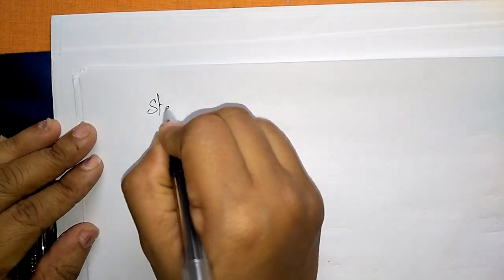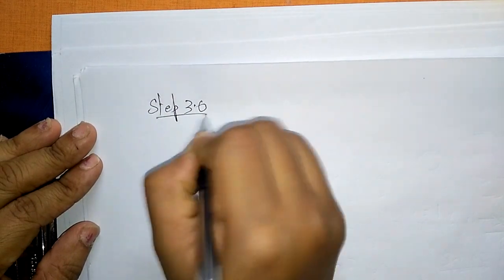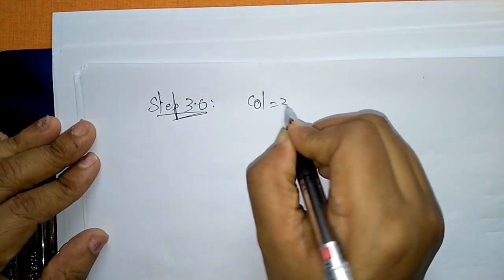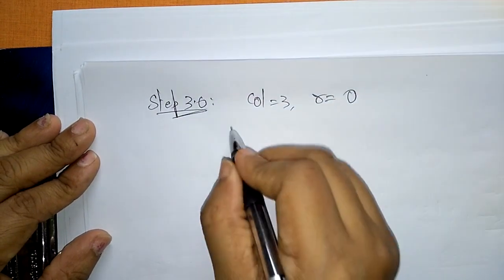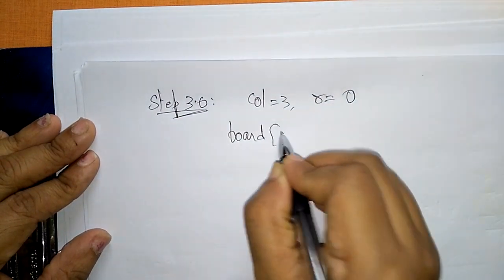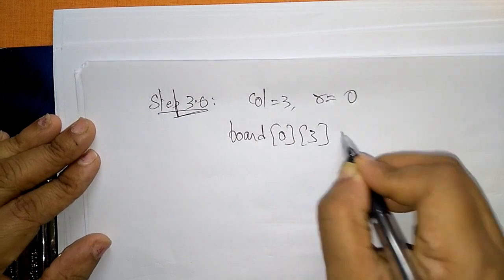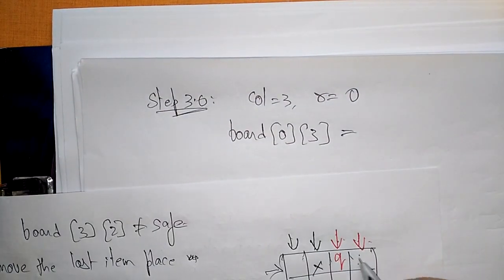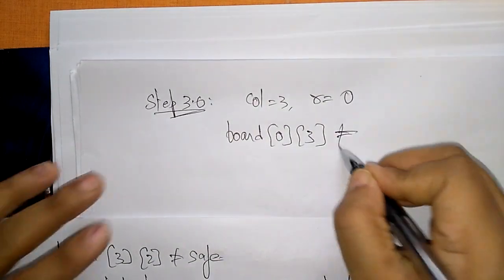Now I came to step 3.0, column 3, row 0. I am checking whether board of 0 of 3 is safe or not. No, it is not safe because a queen is there.